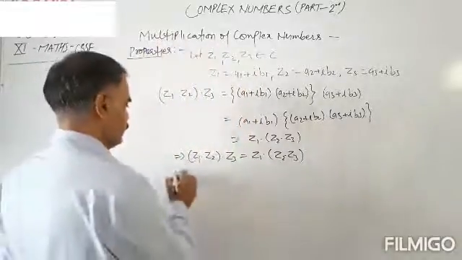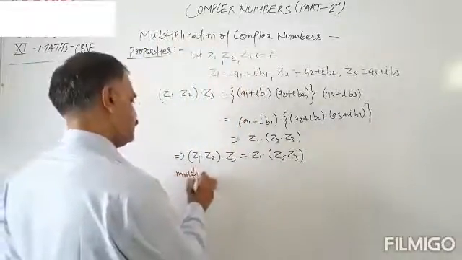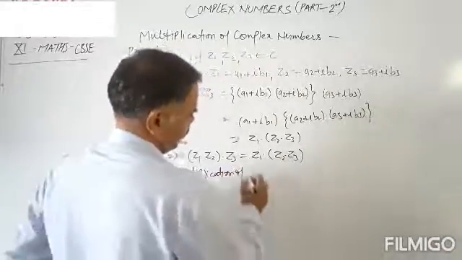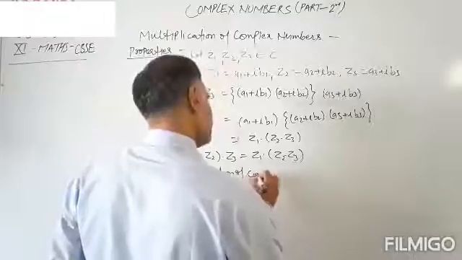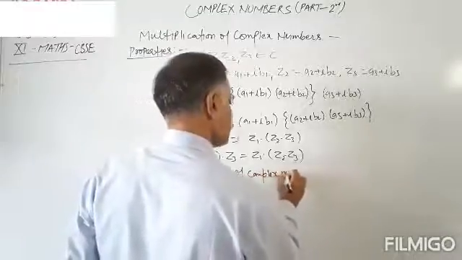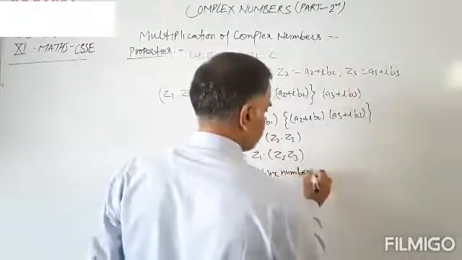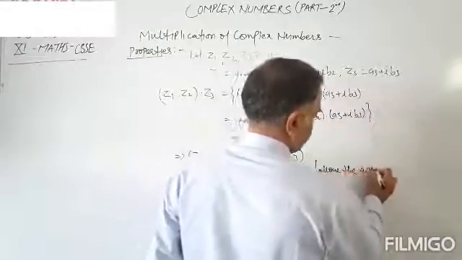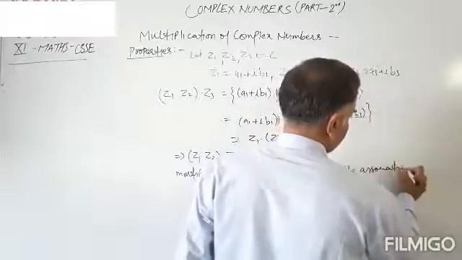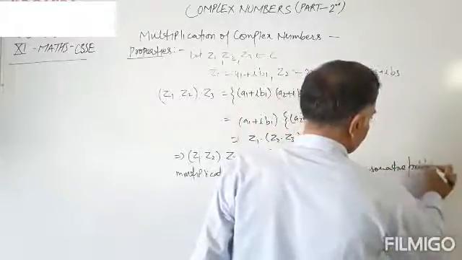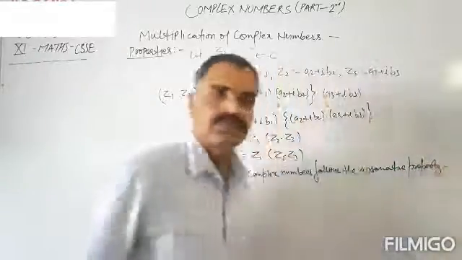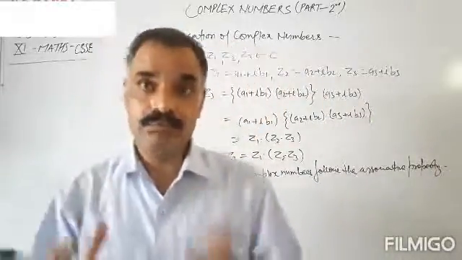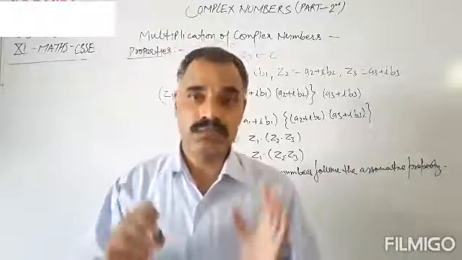So this is the third property of complex numbers.